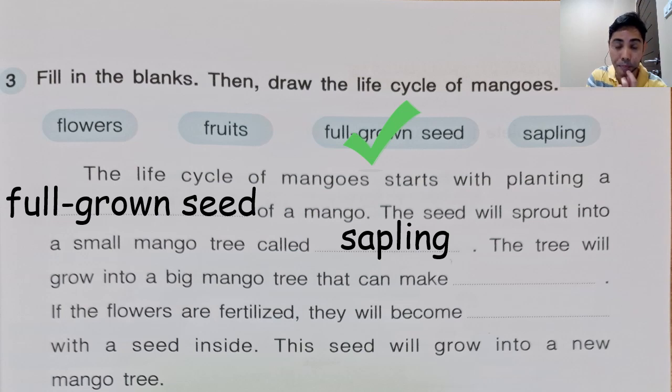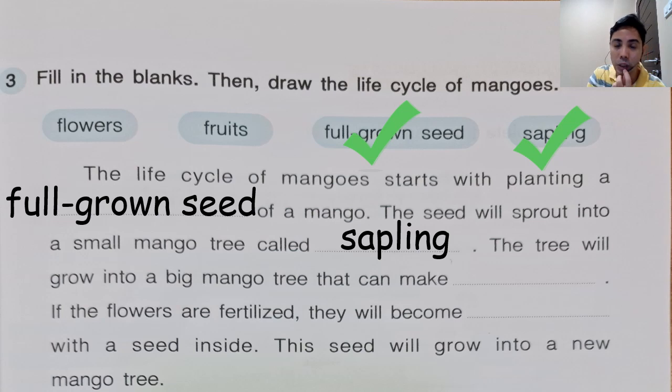And sapling is a baby plant, a baby tree. And then that tree will grow big and older. And when it does, it can make what? But first, let us put a check on the word sapling so we know that we are finished for this word.